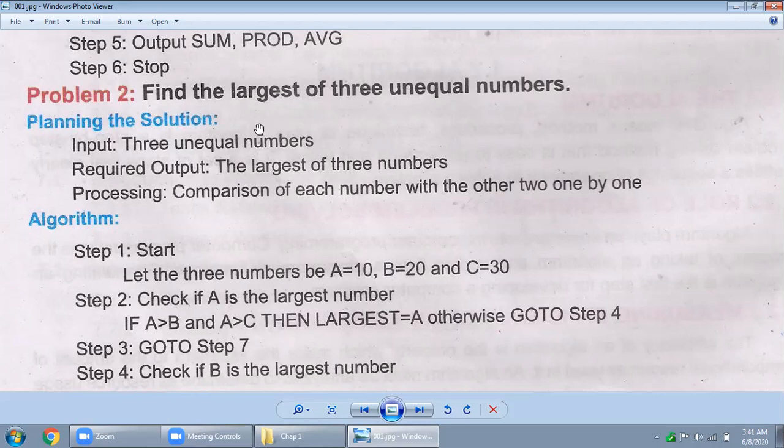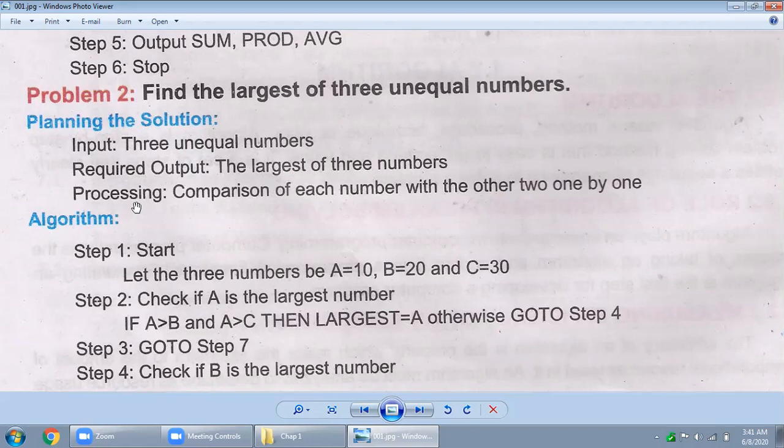Okay. Now the algorithm for this problem, planning the solution. The first step is planning the solution. In the planning, we have to input three unequal numbers. The required output should be the largest of the three numbers.